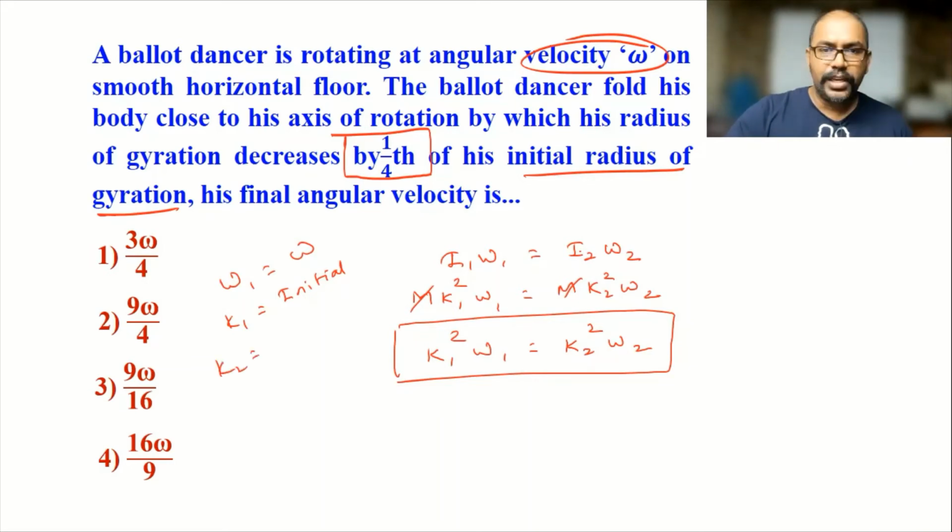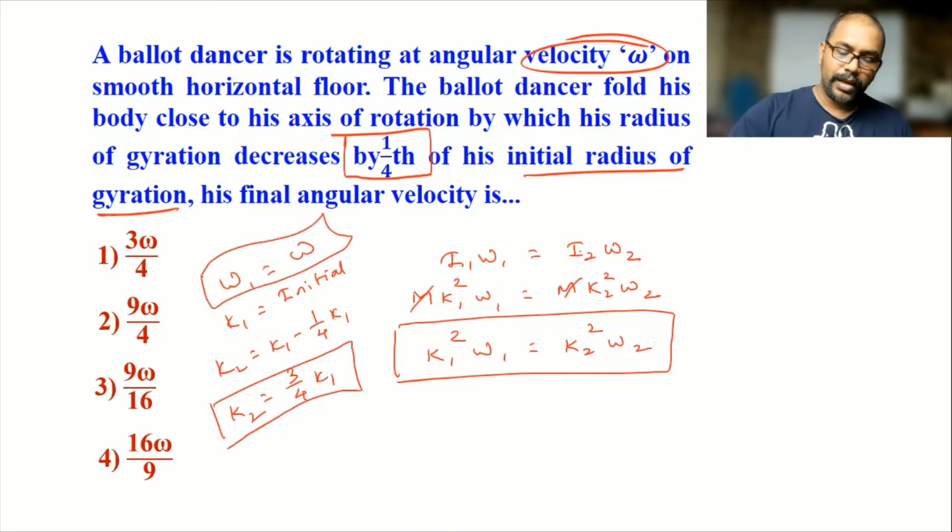It decreases by 1/4 of the initial, meaning K1 minus 1/4 K1. So it is coming 4 minus 1, 3/4 K1. So K2 is 3/4 K1, and this we have to substitute here.